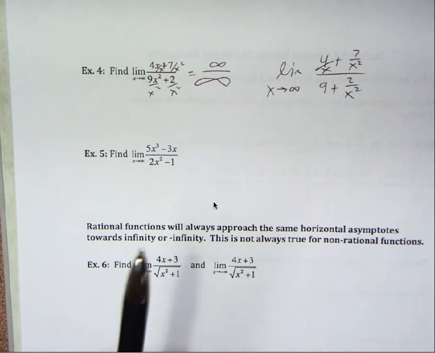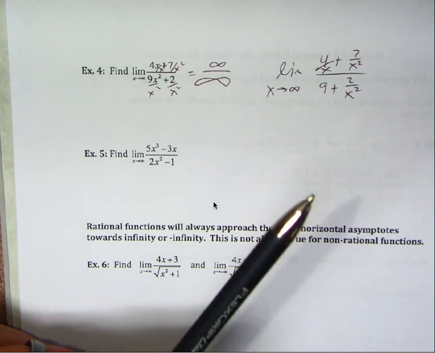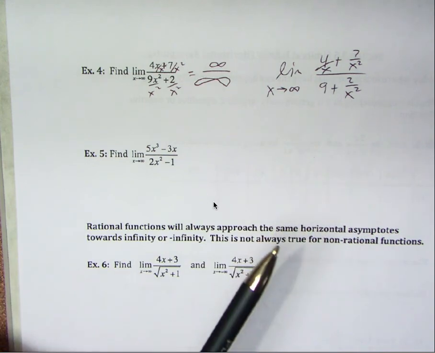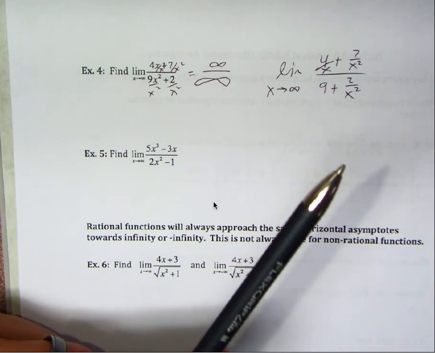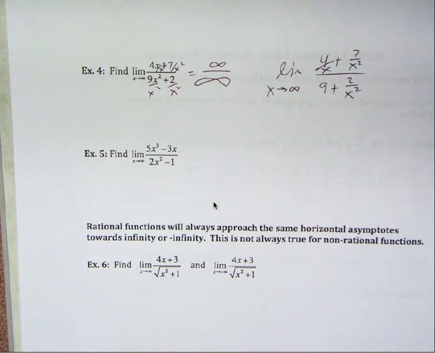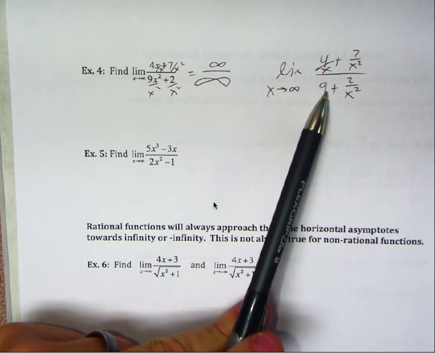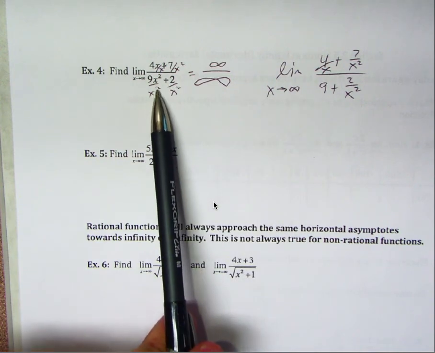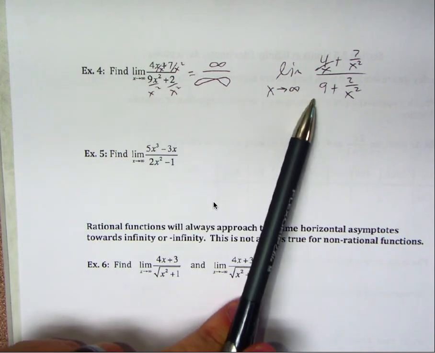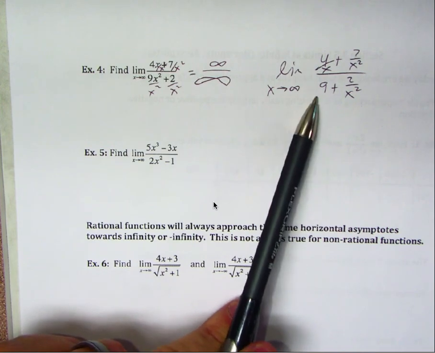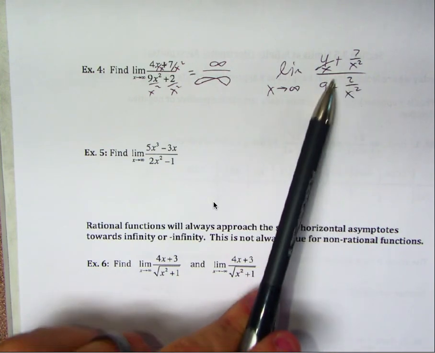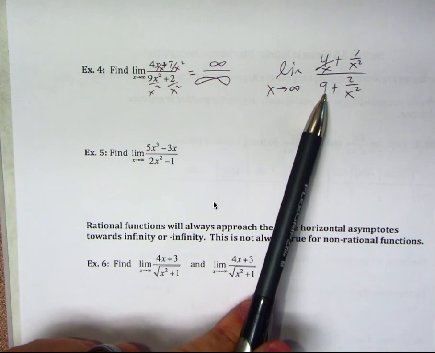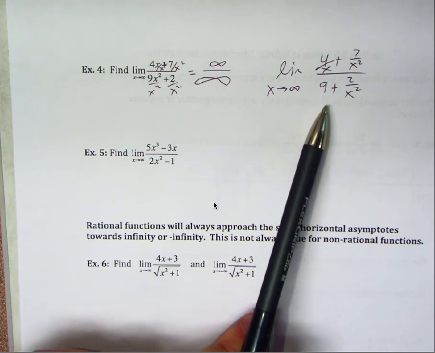Well, what won't you get? Infinity. You won't get infinity on bottom now, because what's left is a constant. You have a 9 right here. That's why we divide by the highest degree term of the denominator, to try to get left with that constant. Now when we plug infinity in, that fraction becomes a 0, but you still have that constant to play with. So that's why this is working.